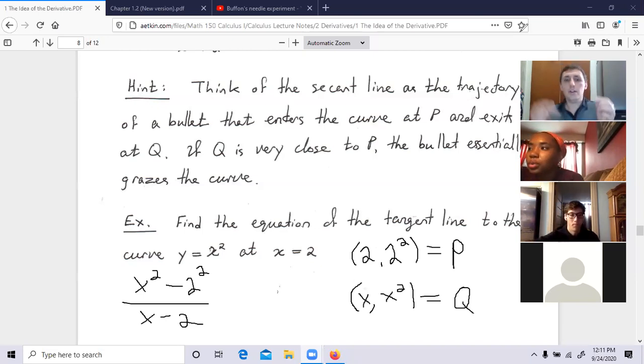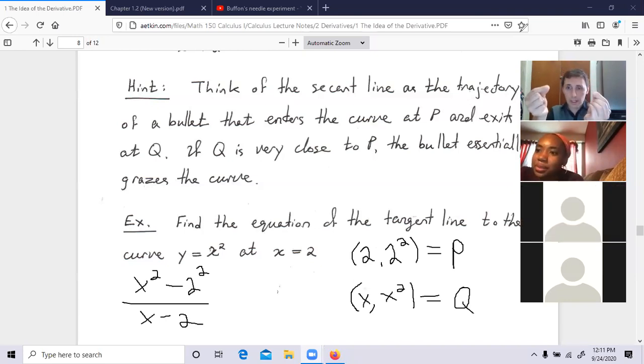I'm asking, you see, so those are 2 points. That's not a tangent line, right? We just picked 1 point and another point. If a line goes through 2 points on the curve, it's not a tangent line. So then the idea, that's the last thing that you have to understand. The idea is I take this floating point, that's the x, y, this is my y, this is my x. I take the floating point and I move x towards 2.